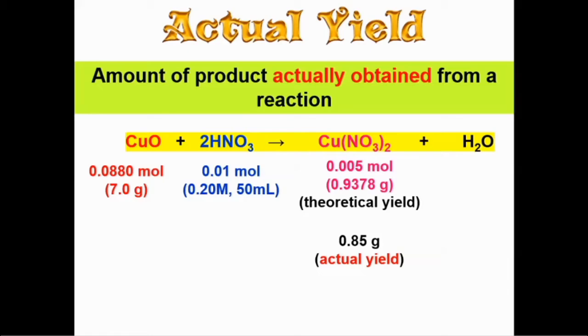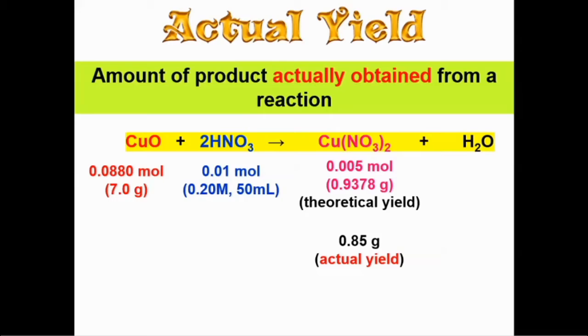Remember, 0.9378 grams is the mass of copper nitrate that we should get based on the moles of copper(II) oxide and nitric acid that we have.